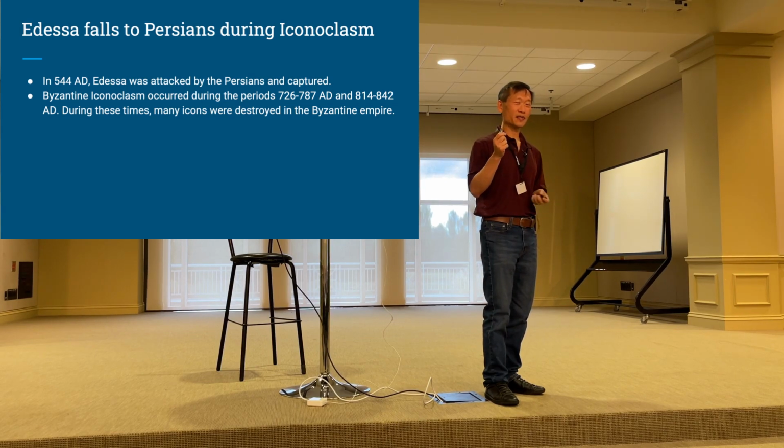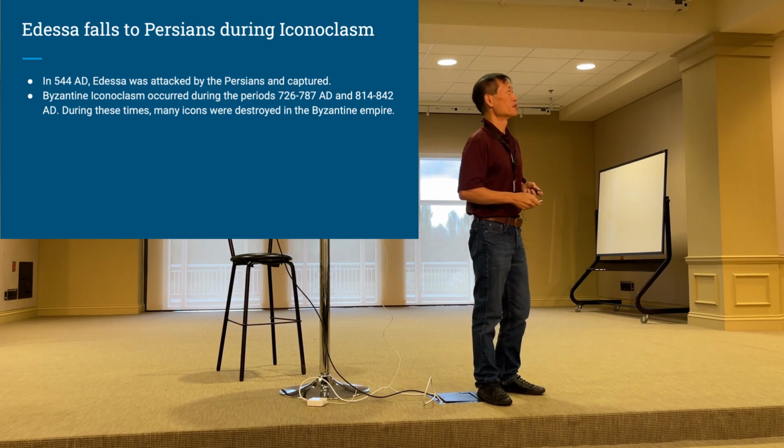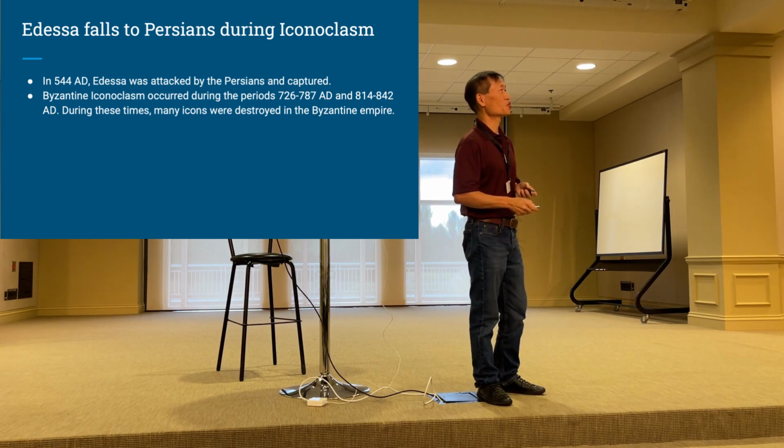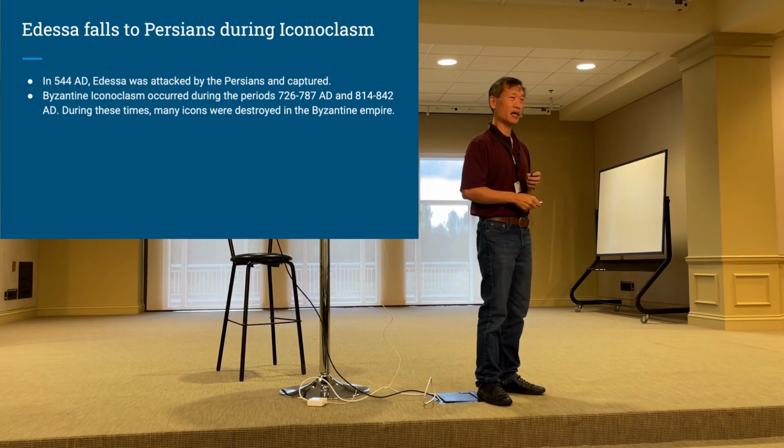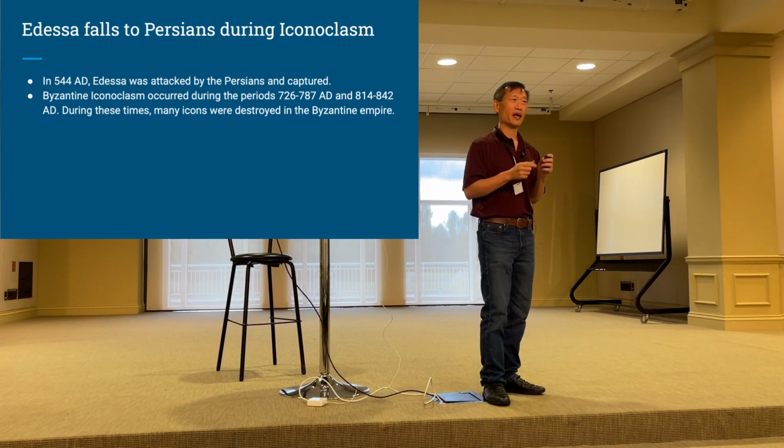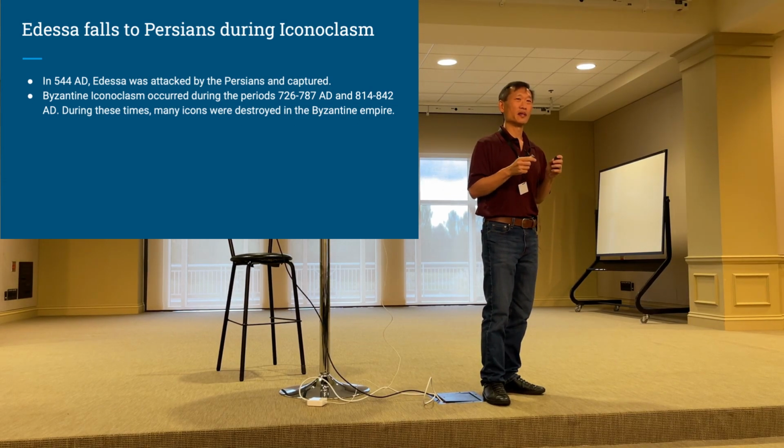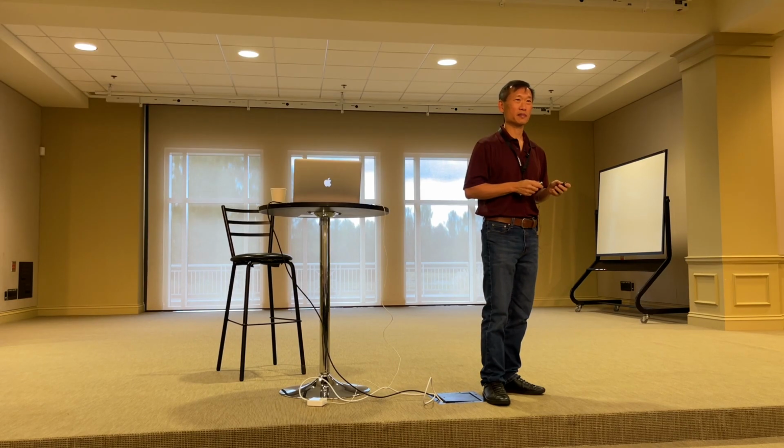In 544, Edessa was attacked by the Persians and captured, and so was no longer in possession of the Christians. But I find this very interesting, because during the periods of 726 to 787 and the 800s was the Byzantine iconoclasm. And during those times, the Byzantines destroyed a lot of their artwork.